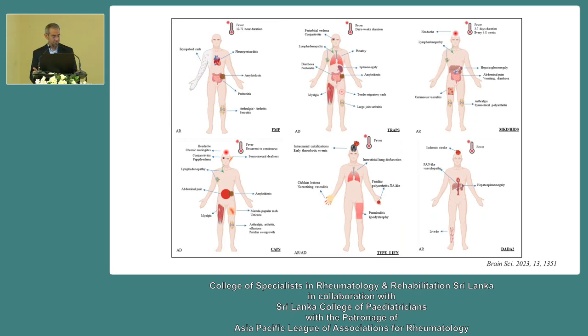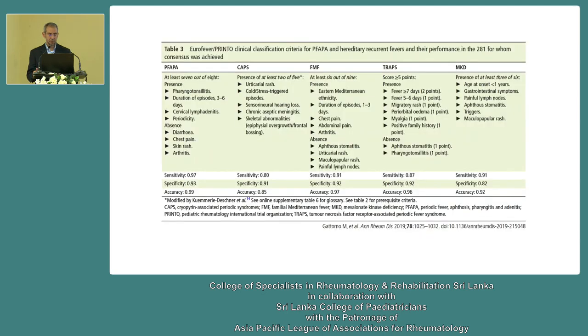However, if you see a patient with periorbital swelling or edema with myalgia and attacks, probably you need to consider TRAPS. And if you see a patient with interstitial lung disease or intracranial calcification, you need to think about interferonopathies. At least as a clue, then you will proceed and tailor your treatment accordingly.